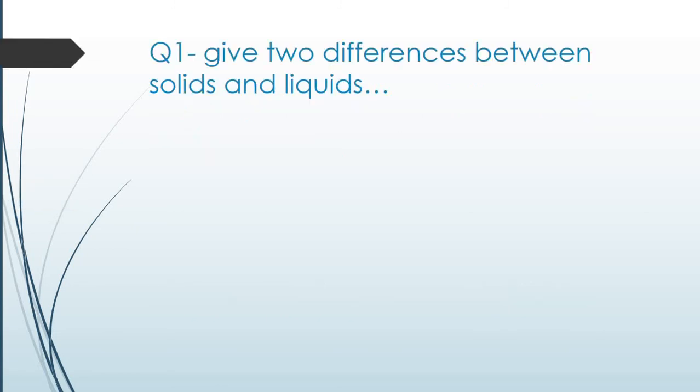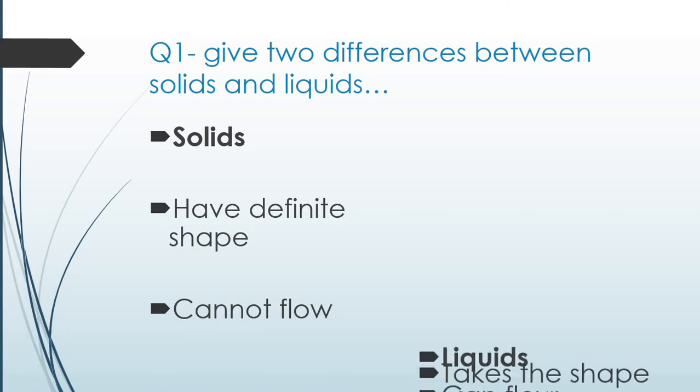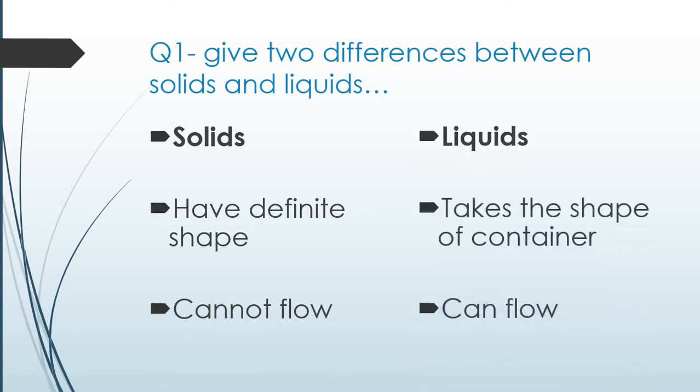Question number 1. Give two differences between solids and liquids. Now let me display the answer. Okay students, what do you have to do? You have to just write A1, that is answer 1, and write the answers from the screen itself. I will read it once and I will try to explain these different points. In the meantime, please try to complete this answer.